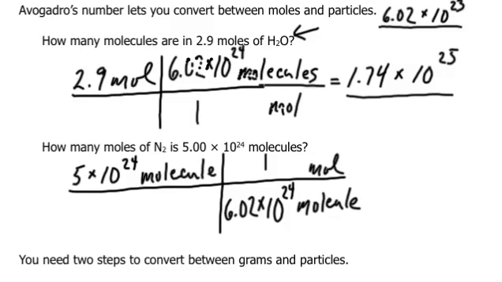Okay, so let's see what we get. 5 times 10 to the 24 divided by 6.02 times 10 to the 24, and you get 0.8305, so 0.831 moles.